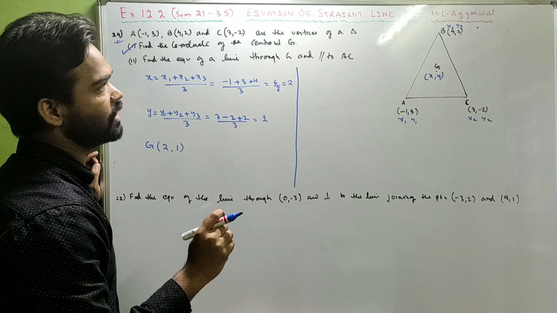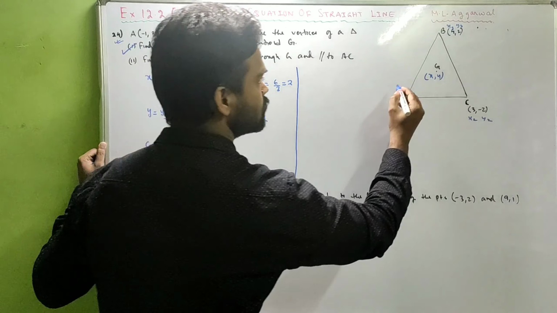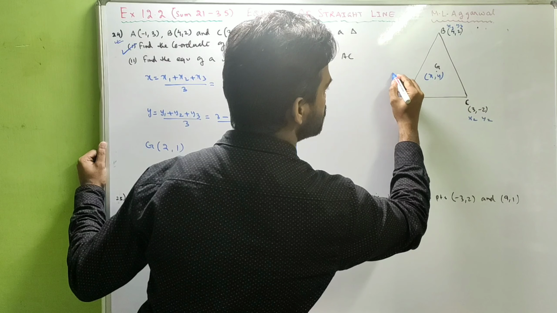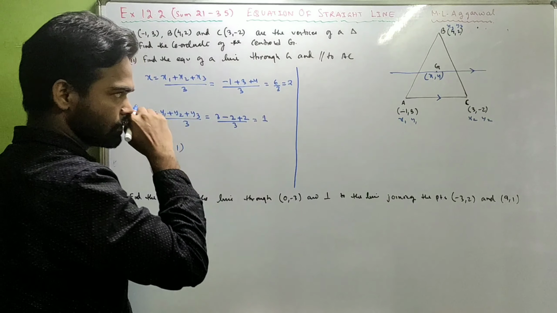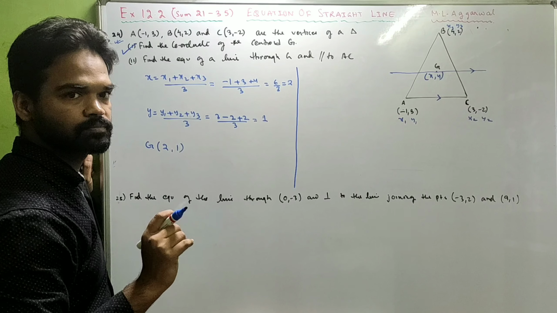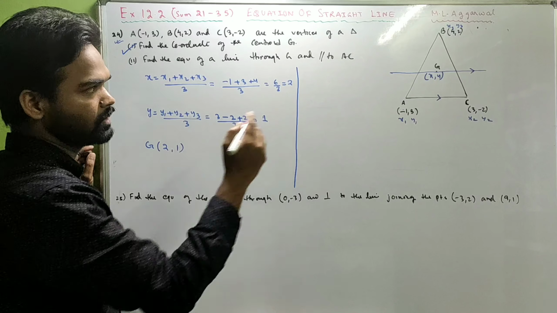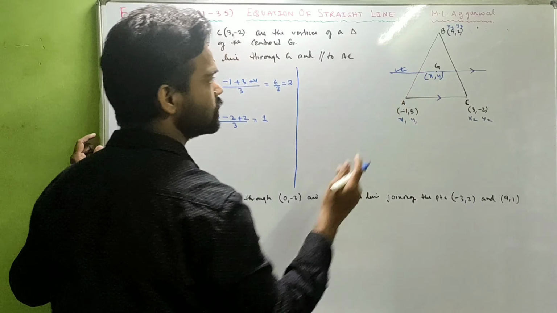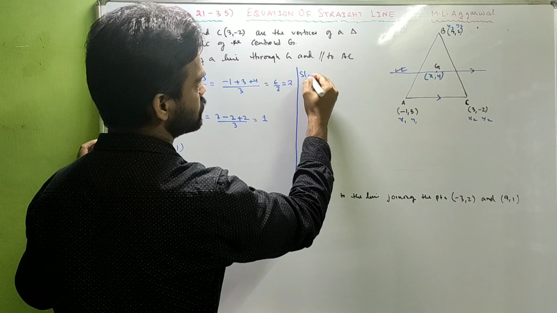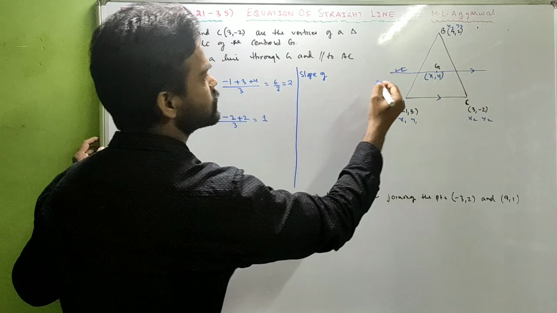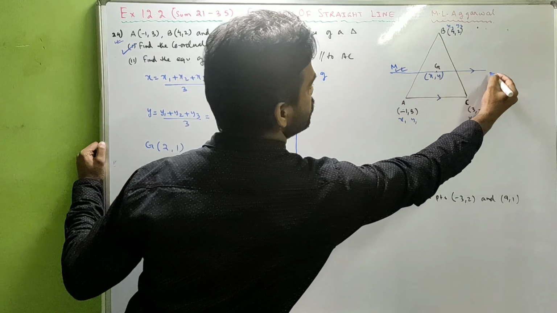Find the equation of a line through G and parallel to AC, which means something like this. Now we have the coordinates of G. If we get the slope of this line passing through G, our work is done. Now first find the slope of AC. Suppose this line is MN.